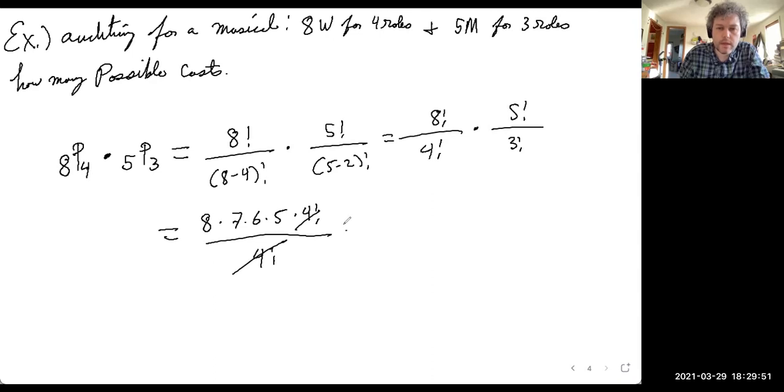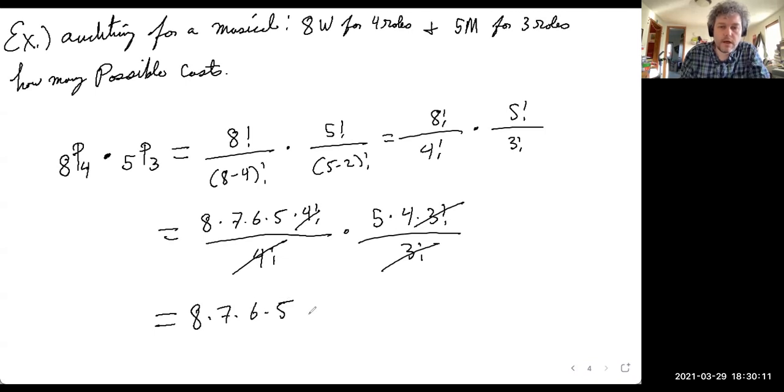That's nice. Times 5 factorial. Oops, I don't want to do that. Let's do 5 times 4 times 3 factorial over 3 factorial. Get rid of that. Now I no longer have a denominator. So this is going to be 8 times 7 times 6 times 5 times 5 times 4.